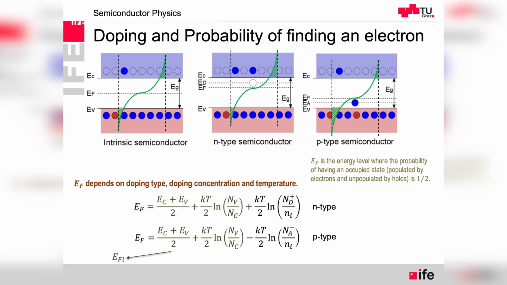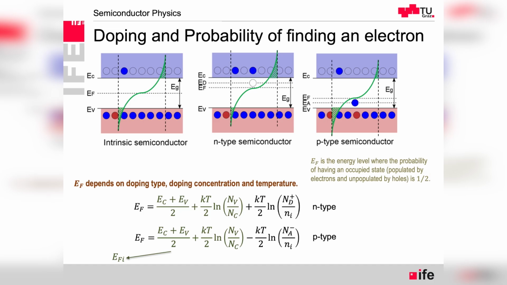And what we can see, it depends for sure on the temperature, because the Fermi energy depends on the total charge carrier concentration, or the relation between the dopant atoms and the intrinsic charge carrier concentration. So doping type, doping concentration, and the temperature, because it's related to the intrinsic charge carrier concentration.